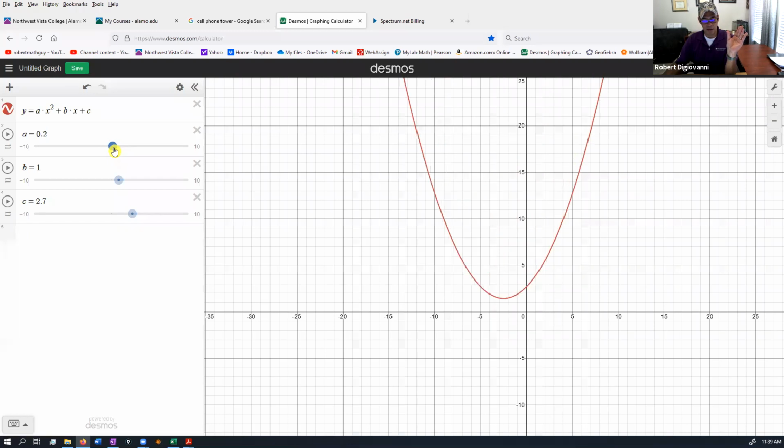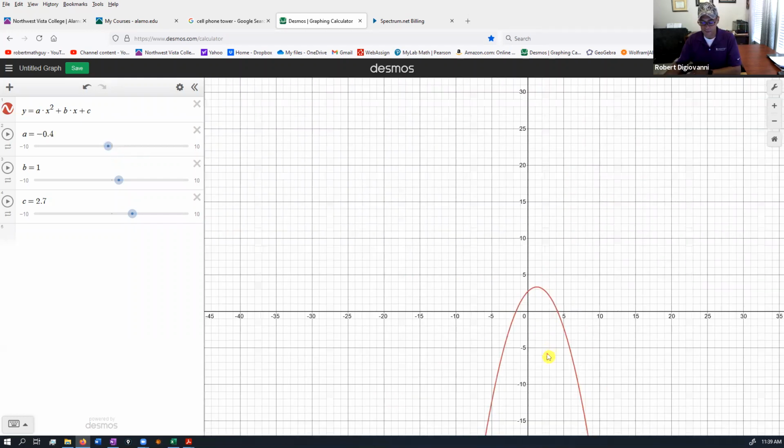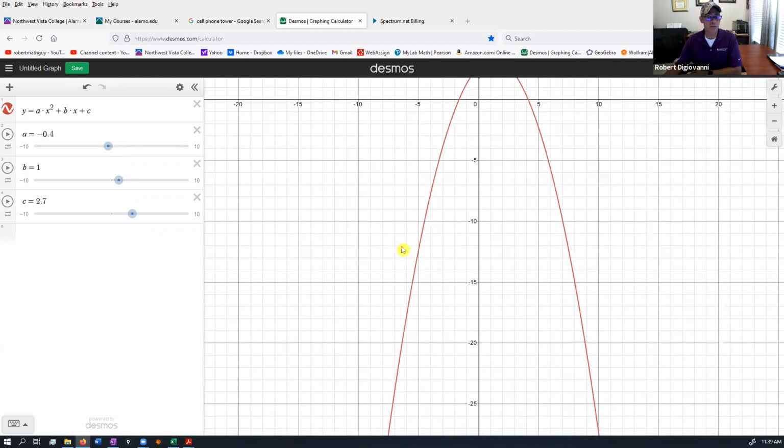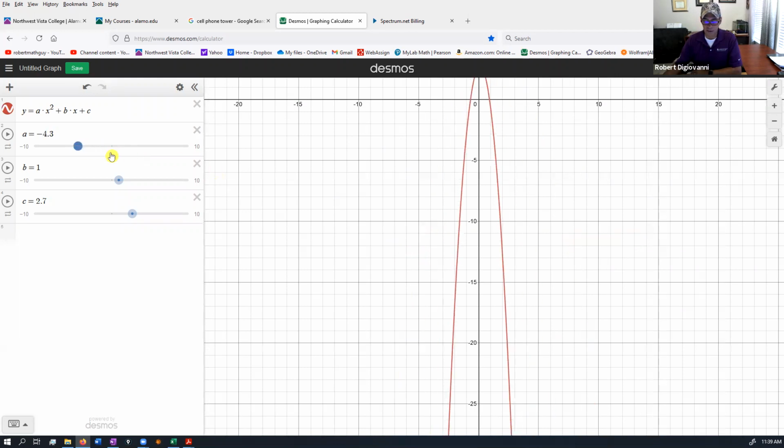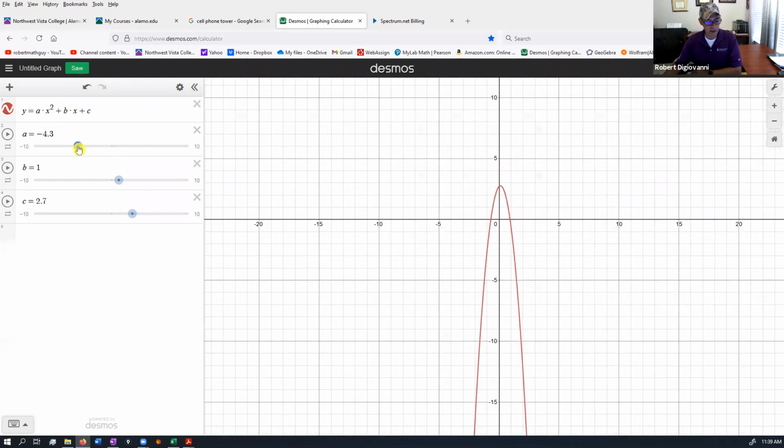And then if I get to negative, it flips over, and now you have a parabola that opens down. So this is negative A and positive A, negative A, positive A. See that?